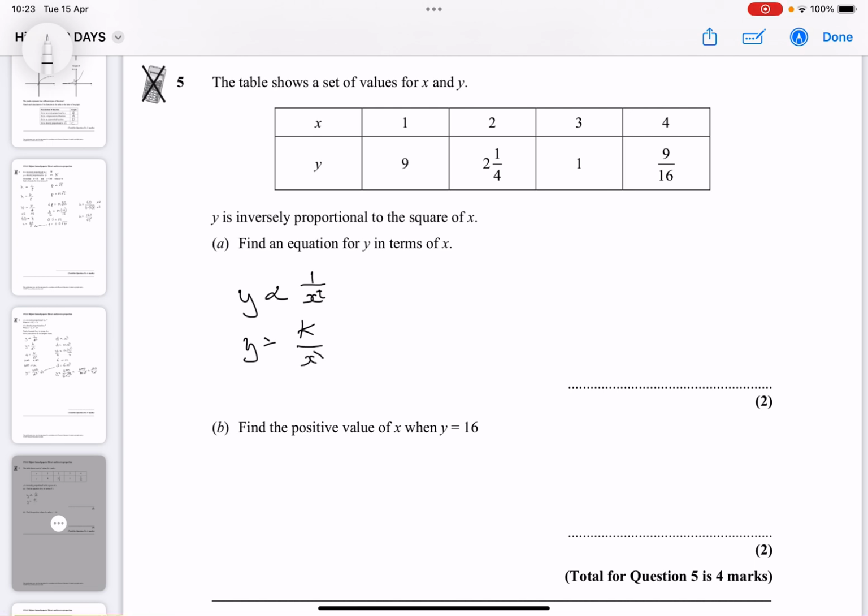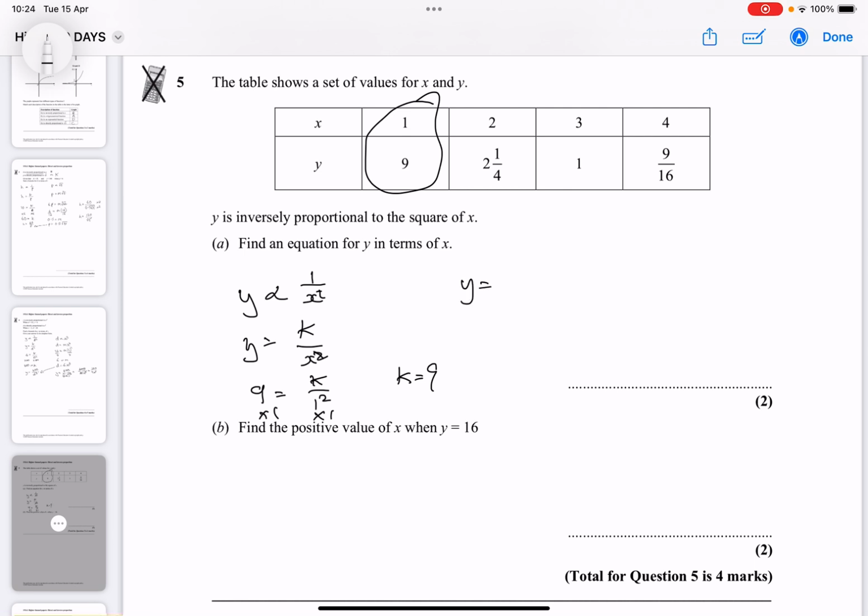In this case, all I really need to do is find some values that work, and the nice value here is this one, so I'm going to say that 9 equals k over 1 squared. If I times by 1, because that's what 1 squared is, k equals 9.